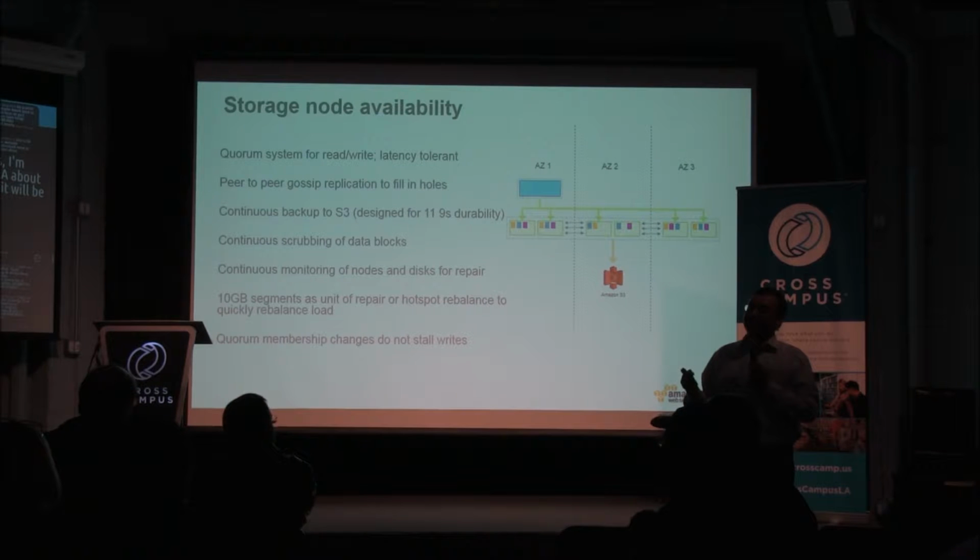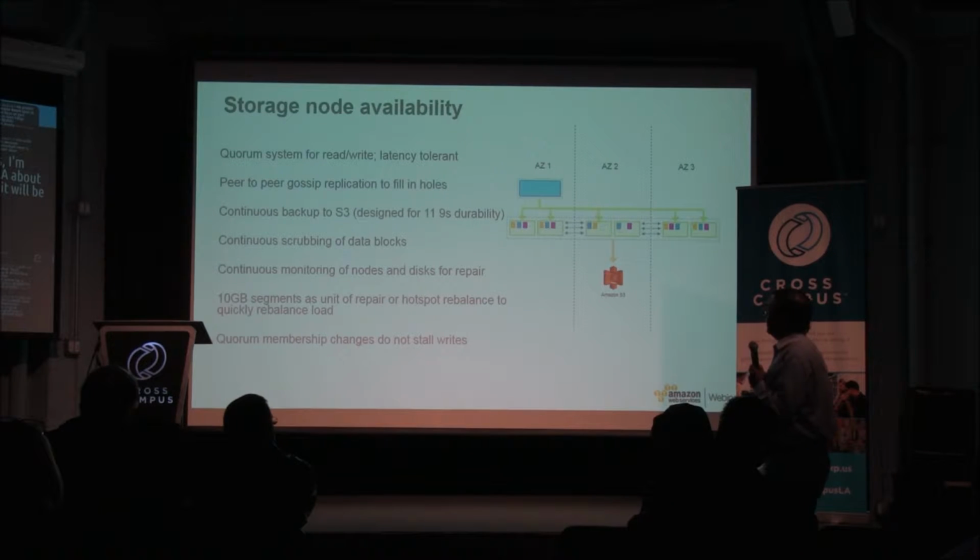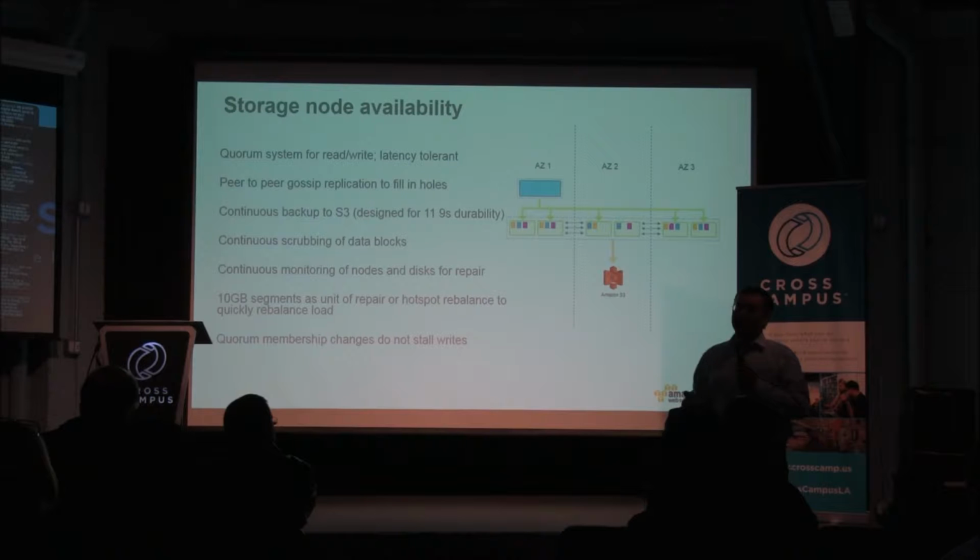Now it actually helps in 2 different ways. One is that you need only 4 out of 6 storage nodes. So if your entire availability zone, which is a data center, goes down, you still have full write availability. If you have 2 of the storage nodes going down, you have full availability, right?